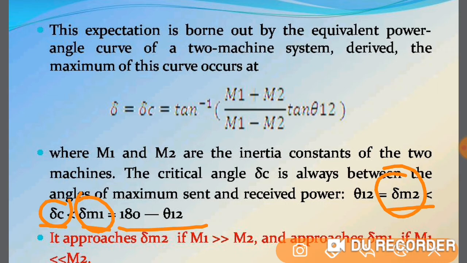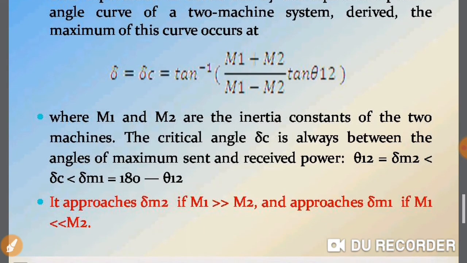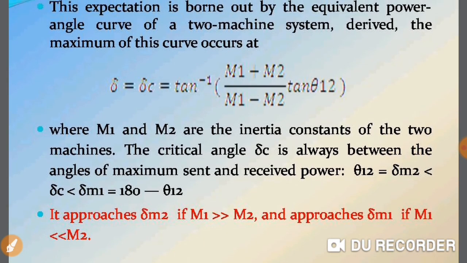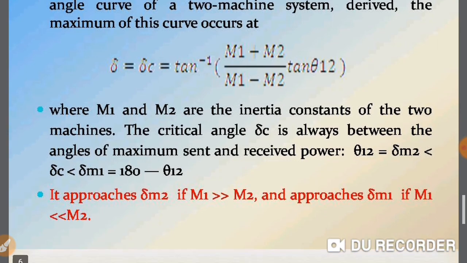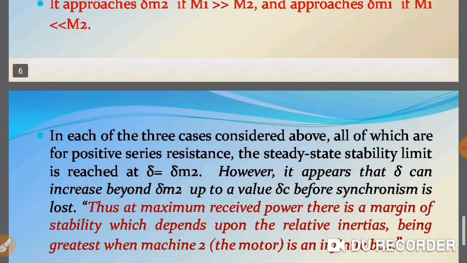So this holds true vice versa. What is our approach of this equation of inertia, or effect of inertia? It approaches del m2 if m1 is very much greater than m2, and approaches del m1 if m2 is very much greater than m1.